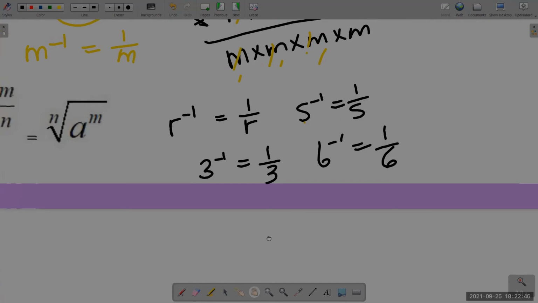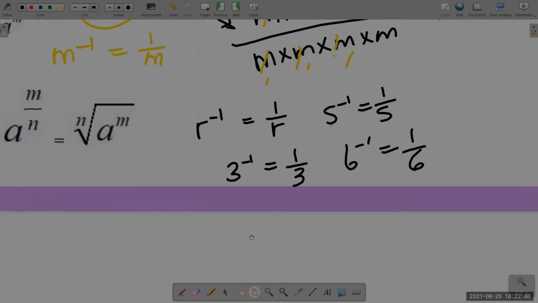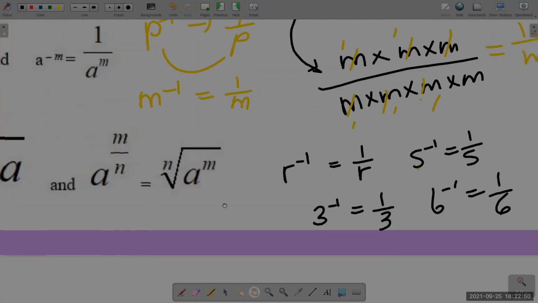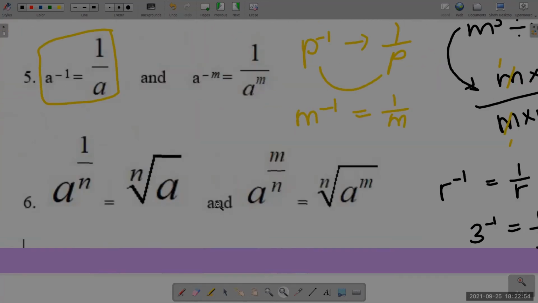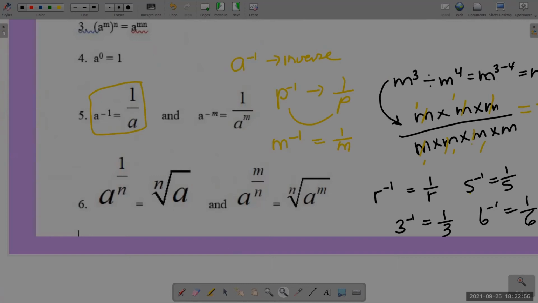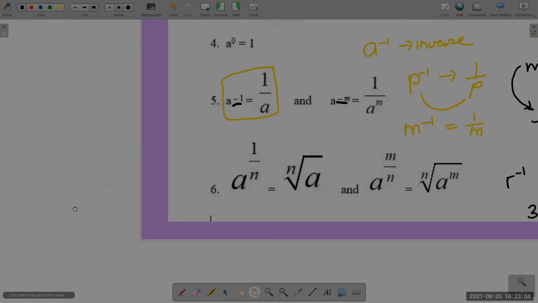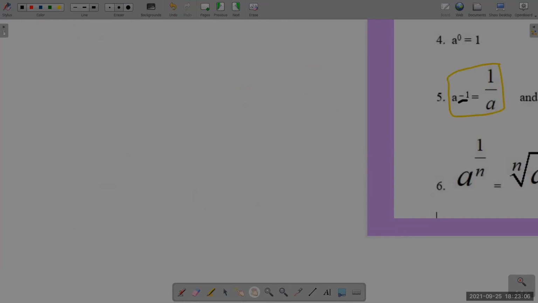All right. And the second part of rule number 5, I'm just going to come over on this side, adds a power to it. So I just want you to realize it's the same thing, but look at it. Instead of minus 1, you end up with minus M. So I'm going to show you how this works. And then that's it for the laws. And we're going to go straight into practicing and then expanding brackets as well.